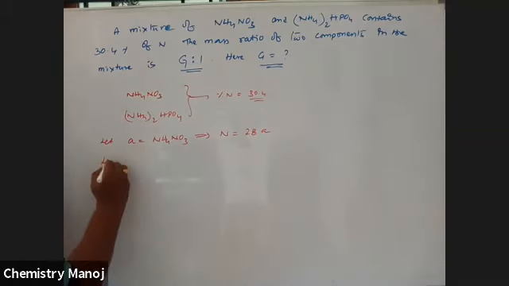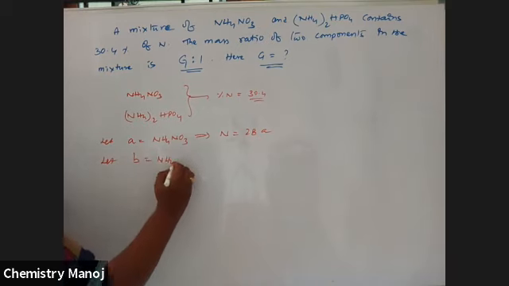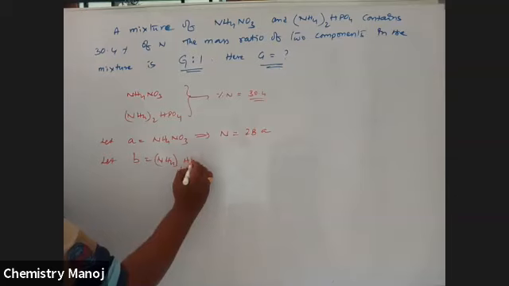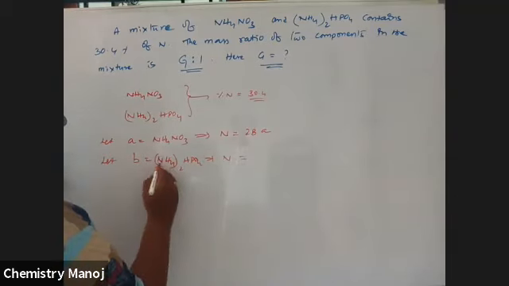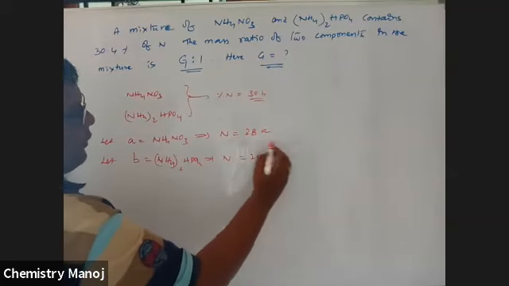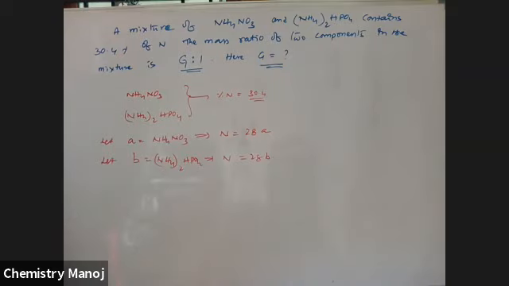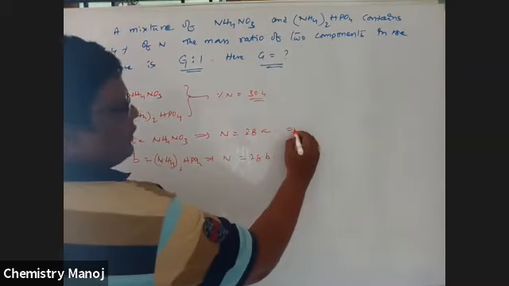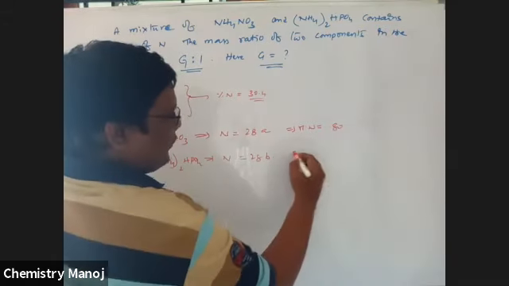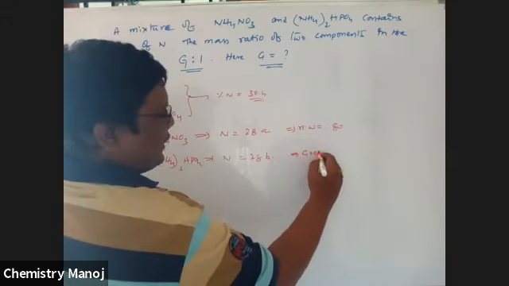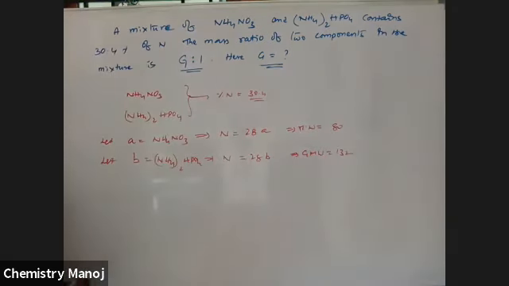Next, let B be the weight of (NH4)2HPO4. Therefore, the nitrogen weight here is 2 nitrogens, 28 into B. The molecular weight of ammonium nitrate is 80, and the molecular weight of ammonium hydrogen phosphate is 132.